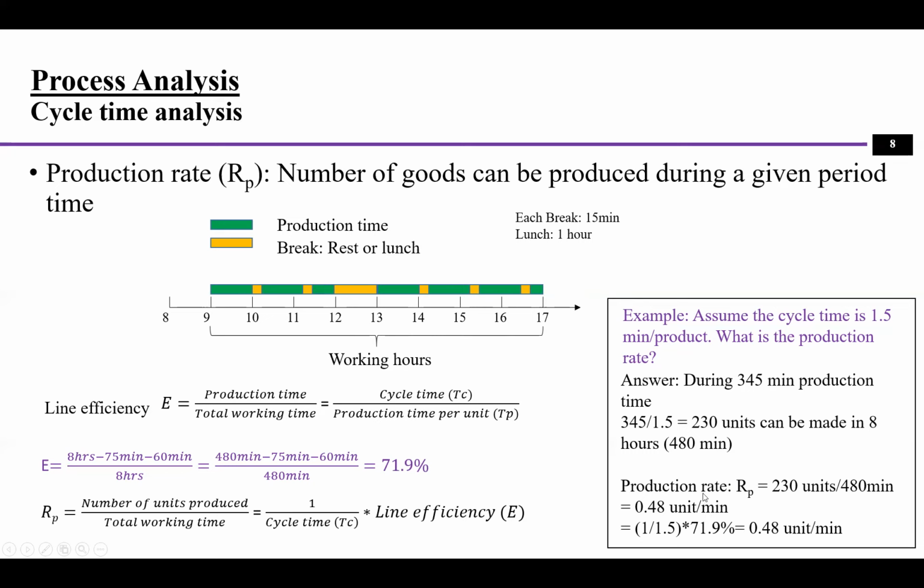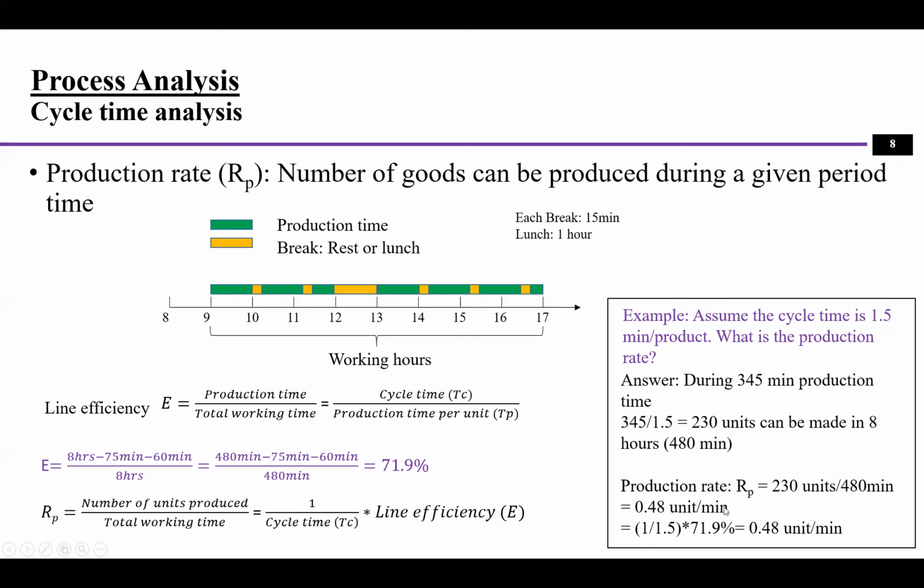So the production rate RP equals 230 units divided by 480 minutes. And why do we use 480 minutes? Because this is the total working time, right? Now we are using this equation to calculate it. 230 can be made in 480 minutes of working time. So we got 0.48, right?